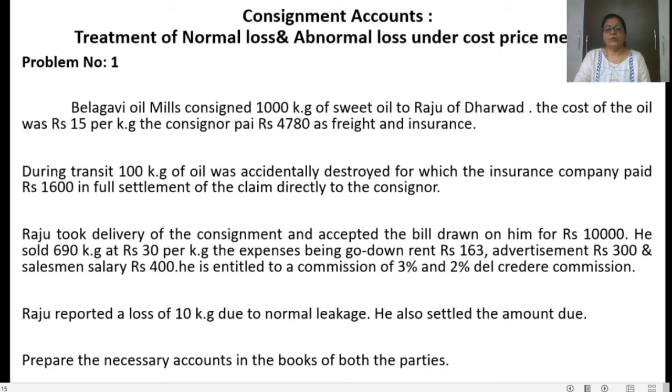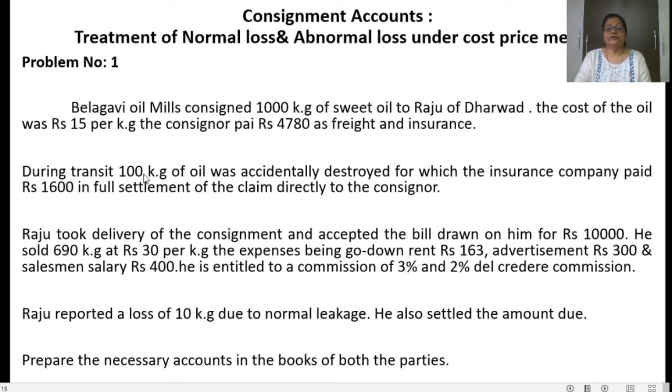Now let us take one more problem. Belgavi Oil Mill consigned 1000 kg of sweet oil to Raju of Dharwad. The cost of oil was rupees 15 per kg. The consignor paid rupees 4,780 as freight and insurance.